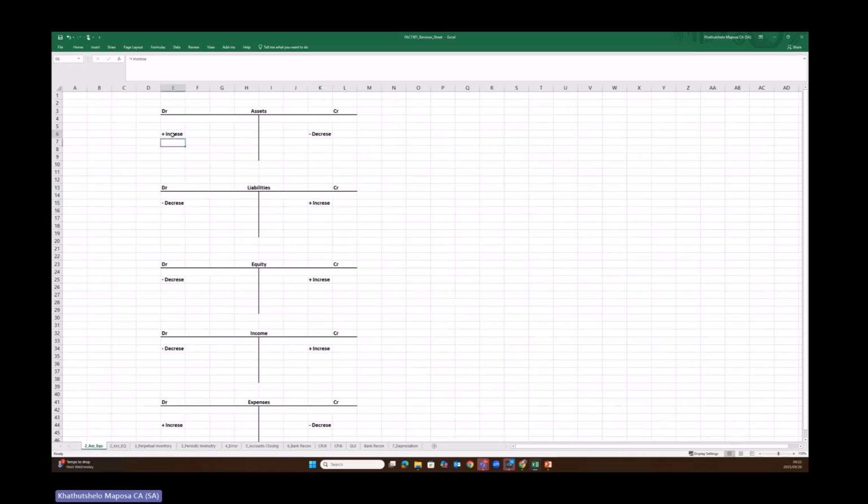If you look, this is almost like an inverse or an opposite of the asset account. They increase on the credit side and they decrease on the debit side. These are the liabilities. Liabilities are things that you owe, items that you owe other people, such as the bond.